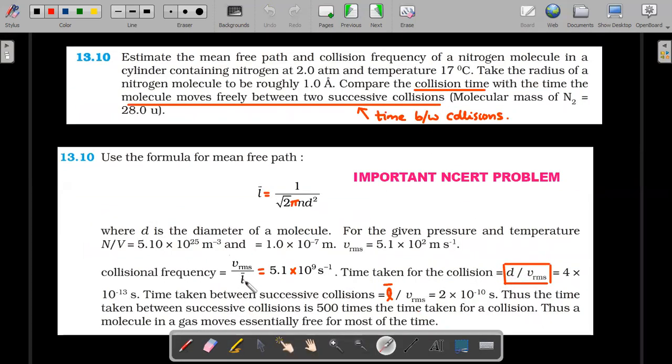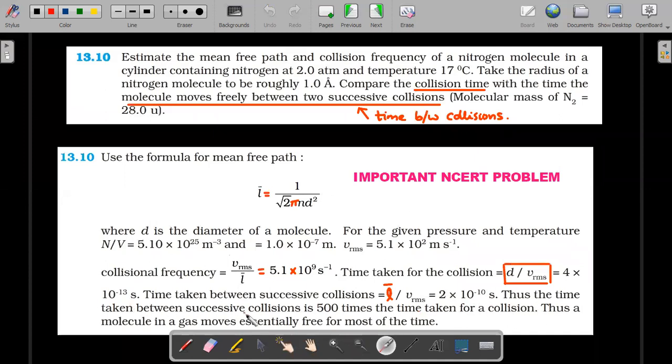So you're basically comparing lambda by VRMS with d by VRMS. Okay, so you could see the time taken between successive collisions, which is lambda by VRMS, is 2 into 10 power minus 10, whereas time for collision is 4 into 10 power minus 13. As expected, the time for collision is much smaller and time between collisions is larger.